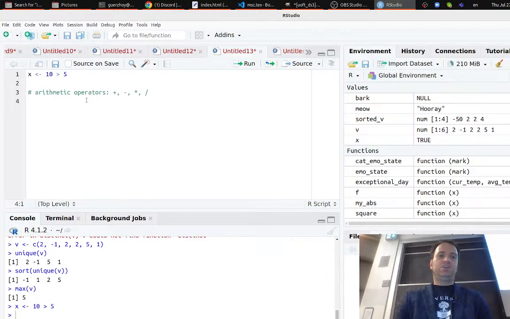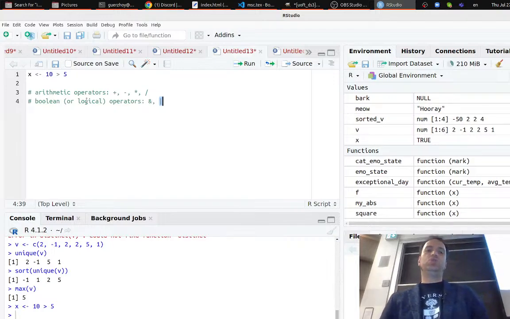In the same way, there are Boolean or logical operators. Those are usually the ampersand, which is called and, and the pipe, which is called or.